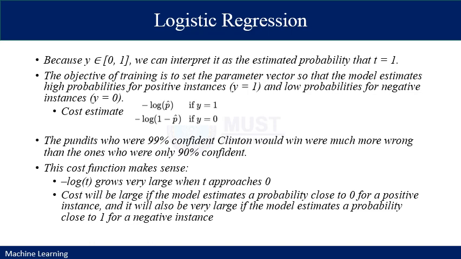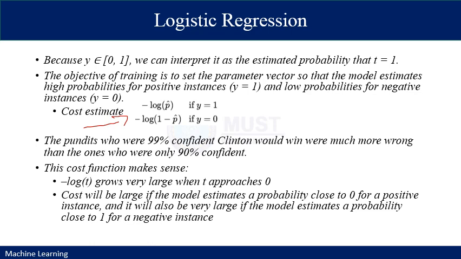And your model should predict low probabilities for negative examples, where y is equal to 0. So here is the cost function for logistic regression, which is minus log of p if the target is 1 and minus log of 1 minus p if the target is 0.